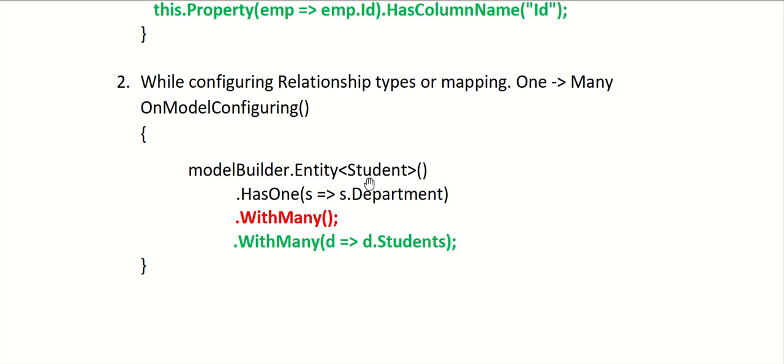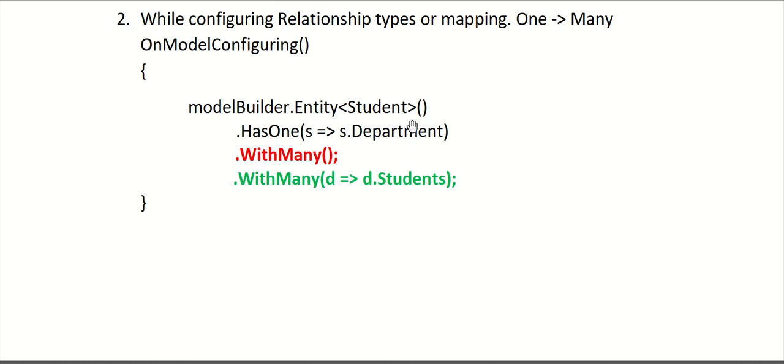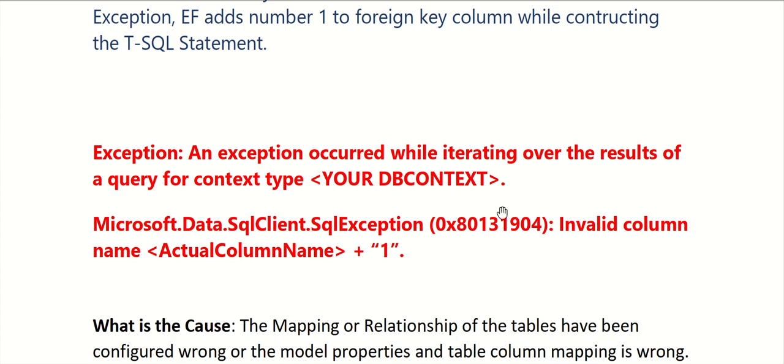A student can be associated with one department, whereas one department can have many students. Now while configuring this relationship, see modelBuilder.Entity Student, it has one department which is correct, but if you leave this without WithMany, you will end up creating this kind of exception.